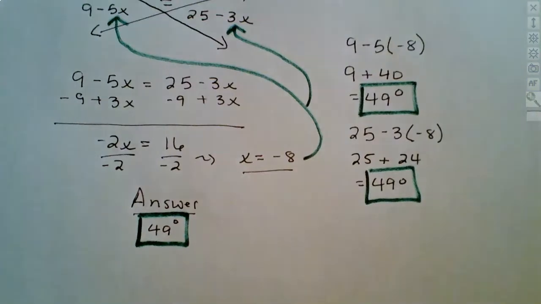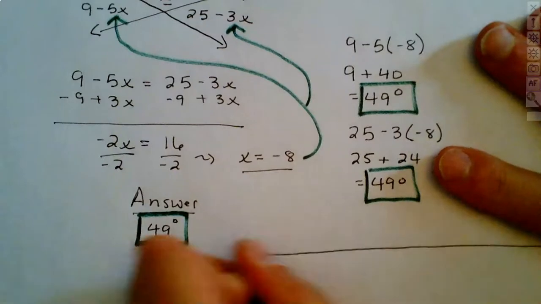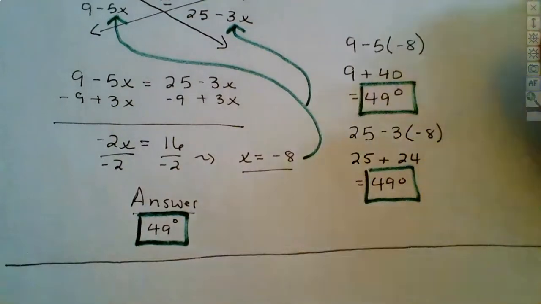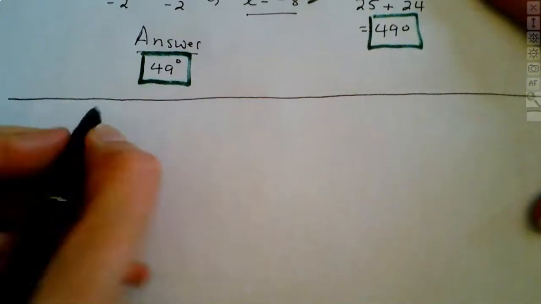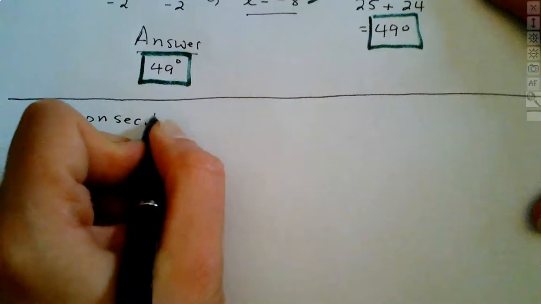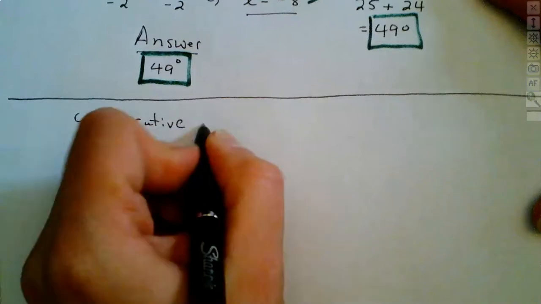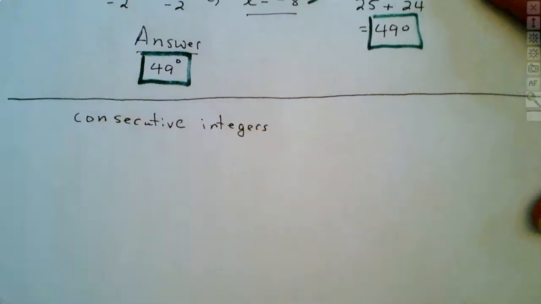One more type of question for this section to look at is integers. So we're going to look at consecutive integers. Consecutive integers are back-to-back numbers.